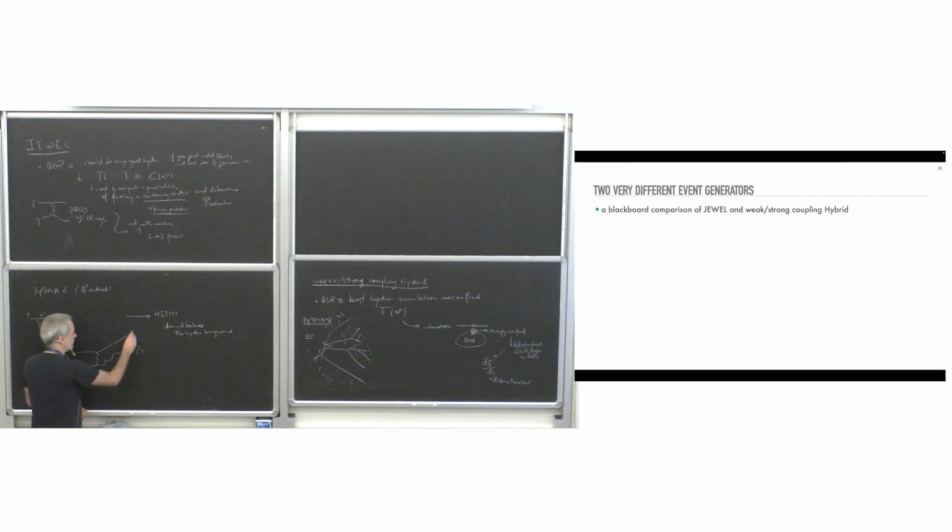So I might end up reconstructing this thing inside the jet. But there's something I need to subtract, because experimentalists always subtract what would have been there if there was no jet. And this particle in Joule would not have been there if there was no jet.